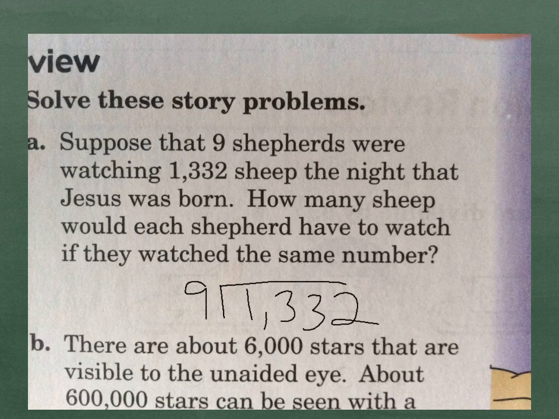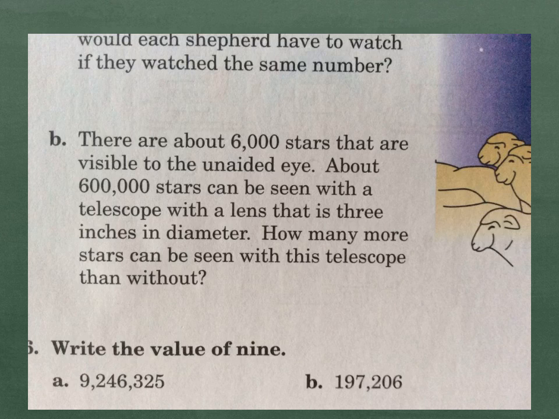Then B asks us, there are about 6,000 stars that are visible to the unaided eye. So without a telescope or anything, we can see about 6,000 stars. About 600 stars can be seen with the telescope with a lens that is 3 inches in diameter.